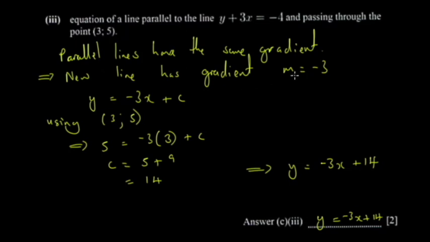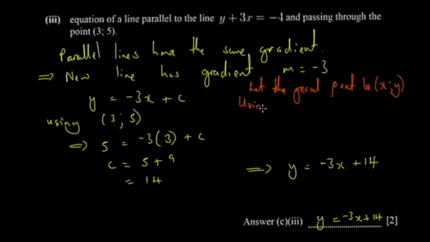Alternatively, what you could do is use this gradient here. Let the general point be (x, y). So you have two points now, this one and this one.